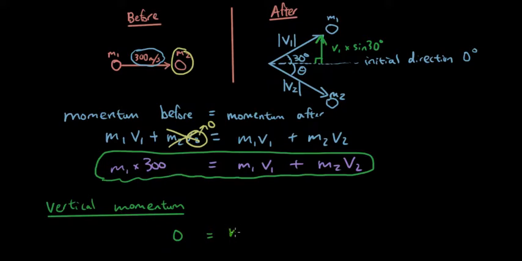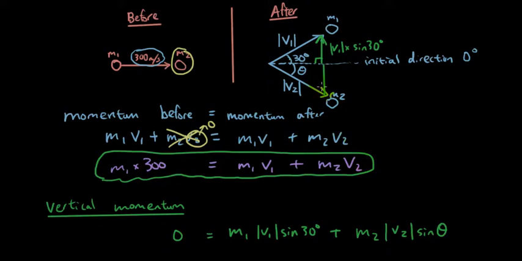So I have m1 times v1 sine 30, right, that's the vertical momentum. Plus m2 is moving in this direction, so the vertical component is then again m2 times v2 sine theta.